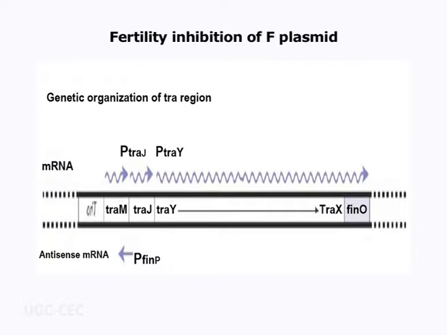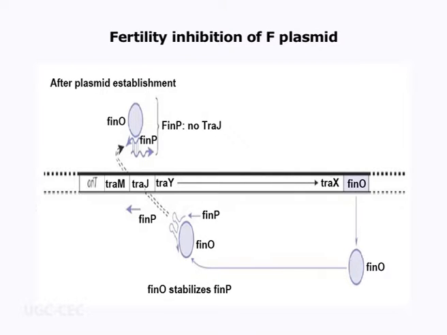So, initially, when the bacterium receives the plasmid, there is expression of TraJ. This TraJ will switch on the expression of TraY to TraX, and at the extreme end there exists a protein called FinO. This FinO is very important because it stabilizes the complex between TraJ mRNA and FinP mRNA.